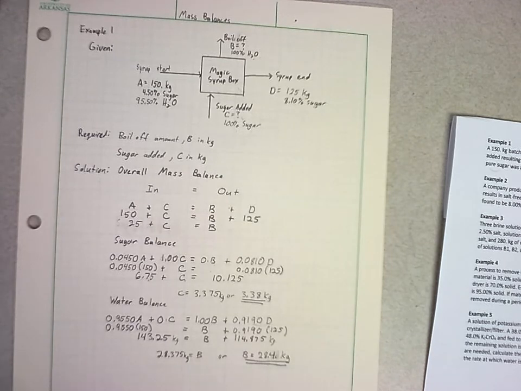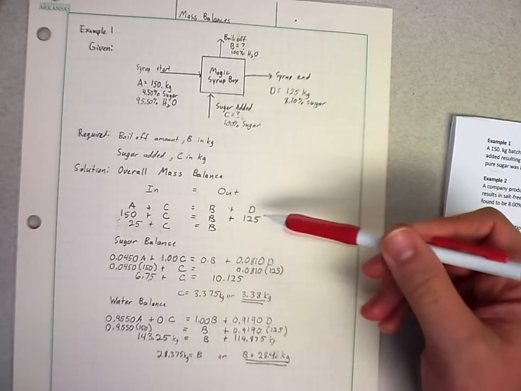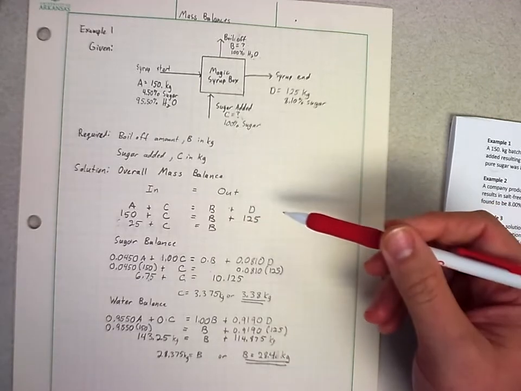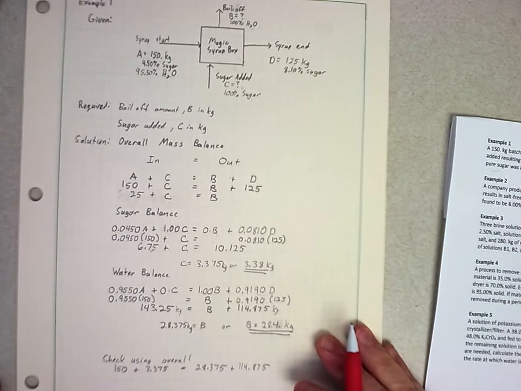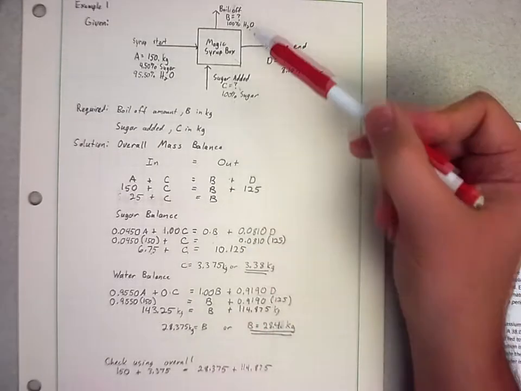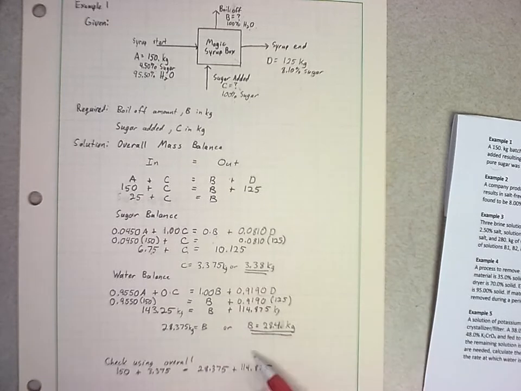So that would give me the amount that came out there, but I never really used the overall mass balance. And so the overall mass balance would still be a good way to check my answer and make sure everything is right. So as I'm checking my overall, I had 150 in A, plus the 3.375 of sugar added, has to equal the boil off, which was the 28.375, which was in B. And notice I used the exact amount to test it here.